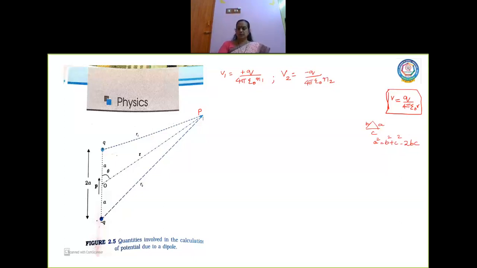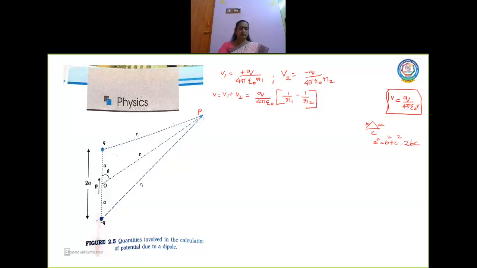Now what will be the total potential? The total potential will be V equals V1 plus V2, which equals Q by 4 pi epsilon naught common, so I have 1 by R1 minus 1 by R2. So this is the equation.